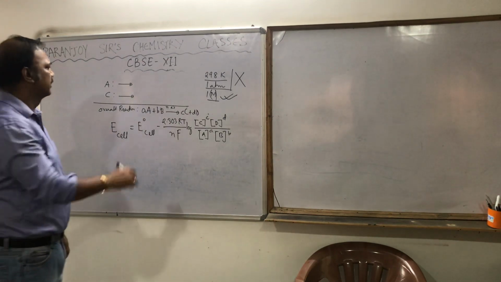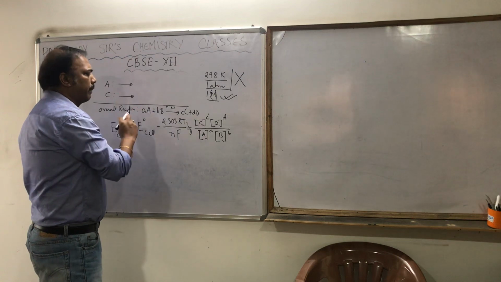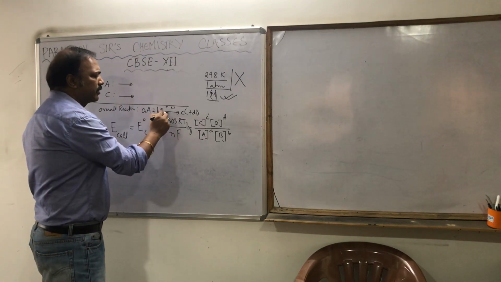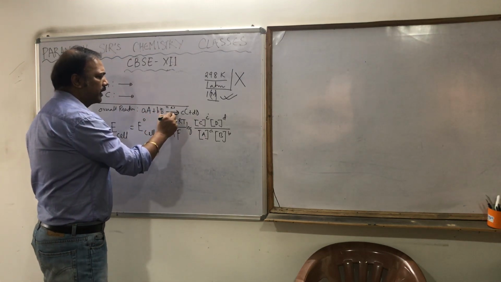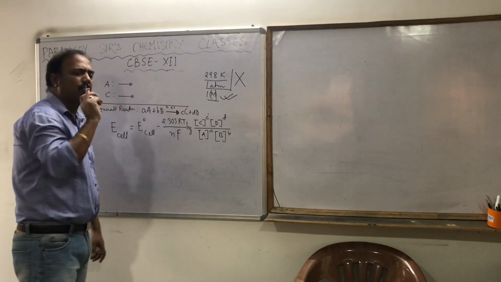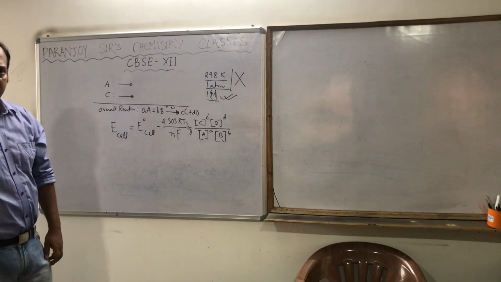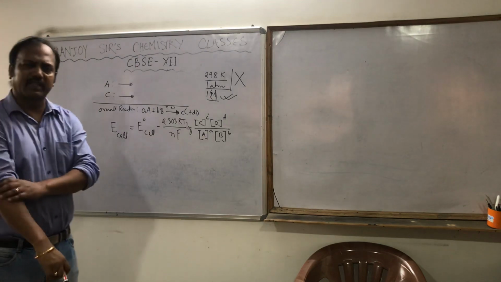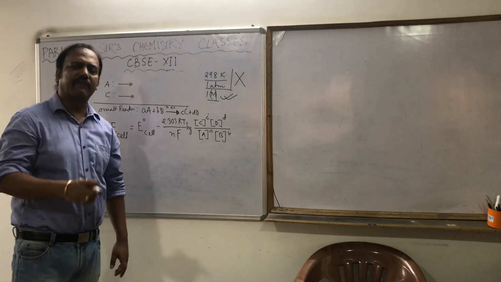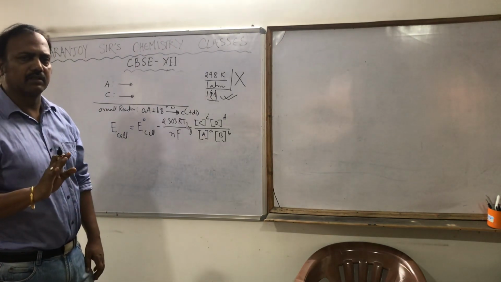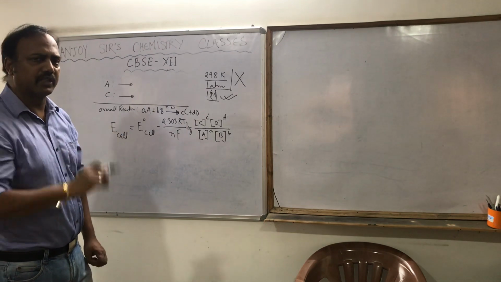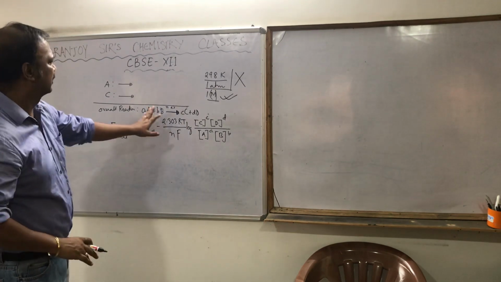One, the equation is proceeding in the forward direction, that is, it has not reached equilibrium. Only then is it behaving as a cell, because it is developing some electrode potential, and hence some potential difference, the EMF of the cell.